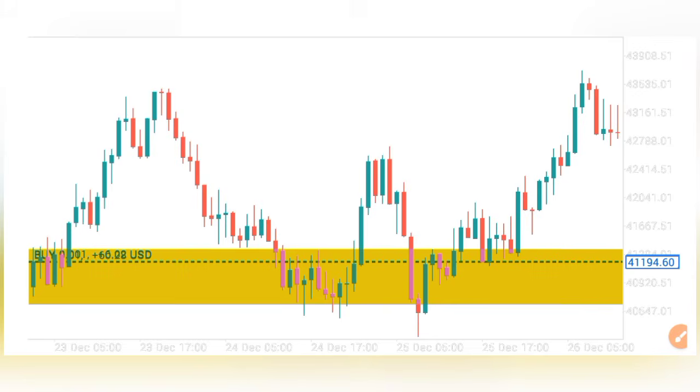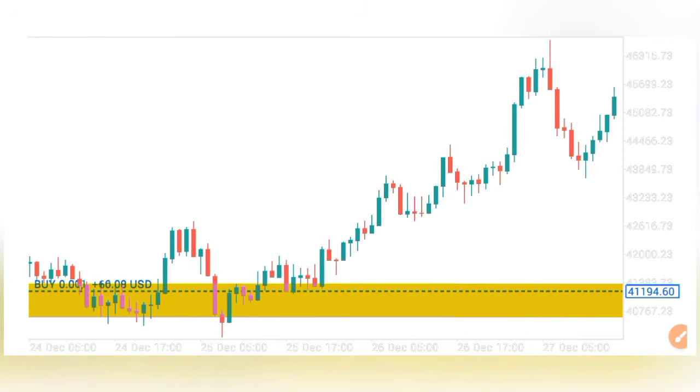So when you're growing your small trading account, use the lowest lot size and maintain that lot size until the account grows to a certain level. Then you can decide to increase it just a little bit.